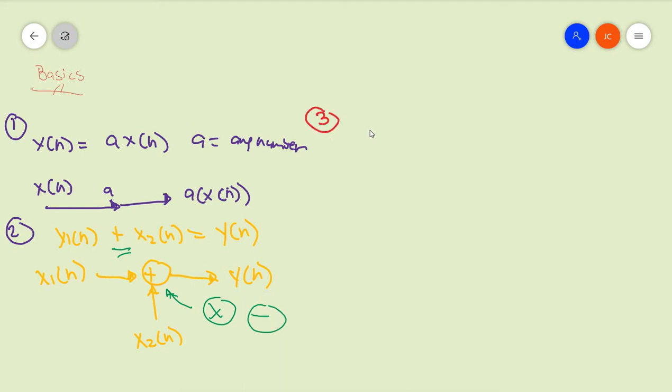The third one is the delay. Just remember, the first two don't require a memory, but this one requires a memory.